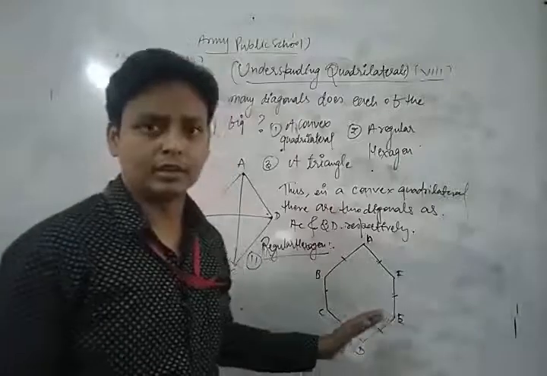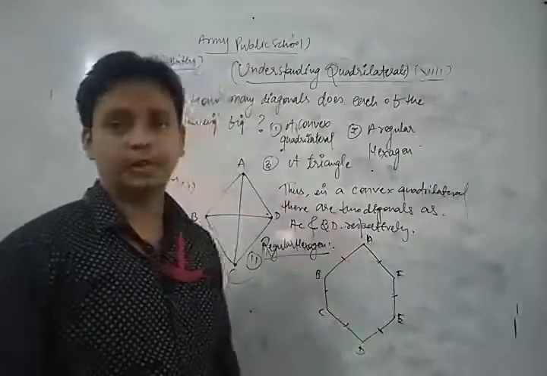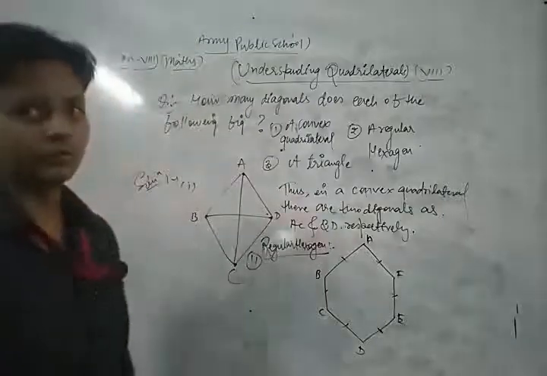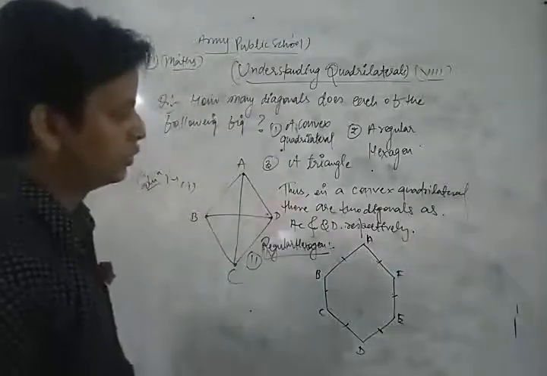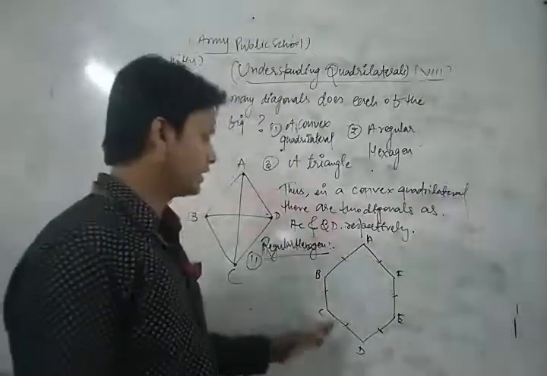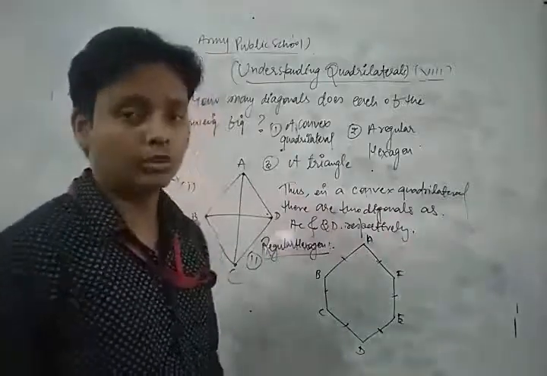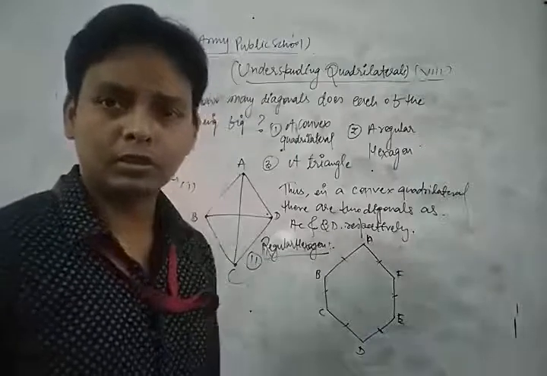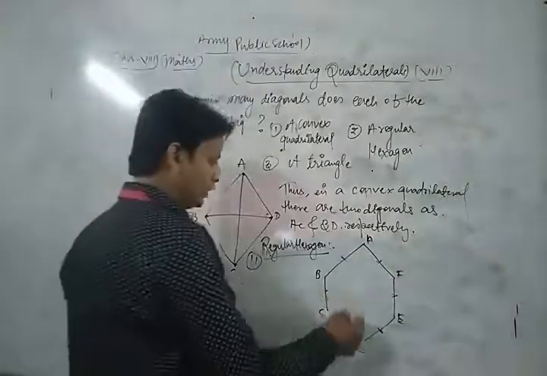In that regular hexagon, all its sides are equal and each angle is equal. Now we discuss how many diagonals it contains. A diagonal is the line joining the opposite vertices of a polygon. Now we join them.